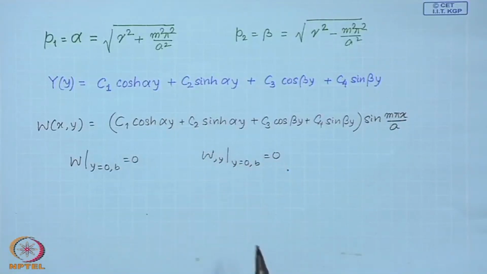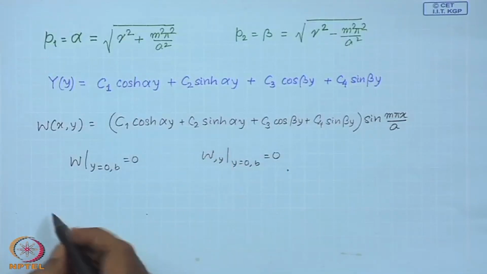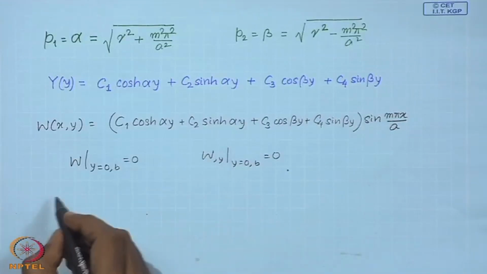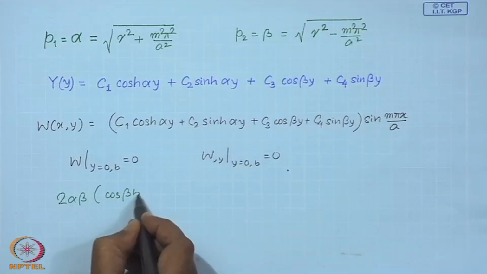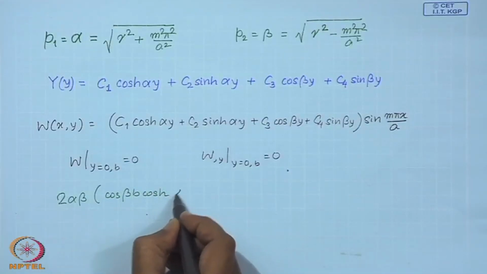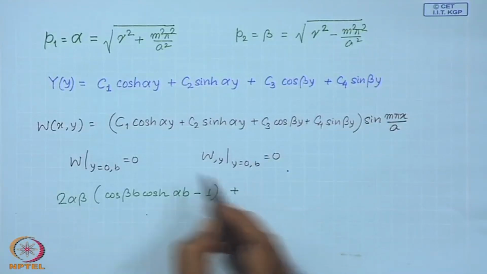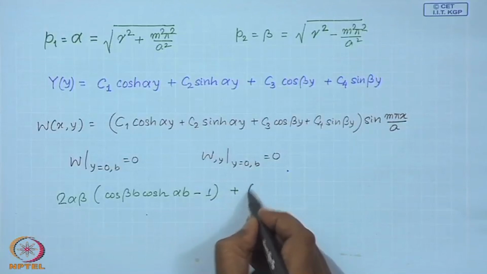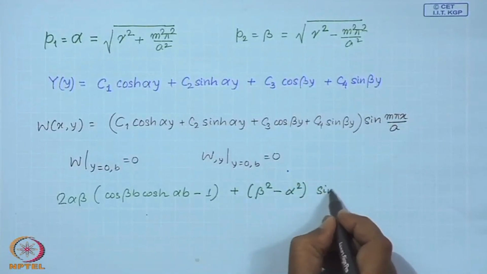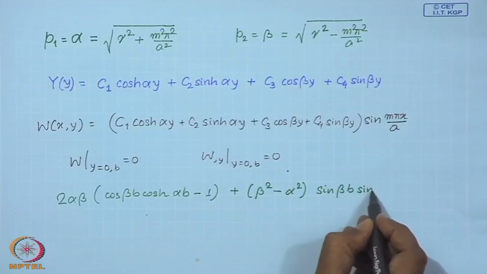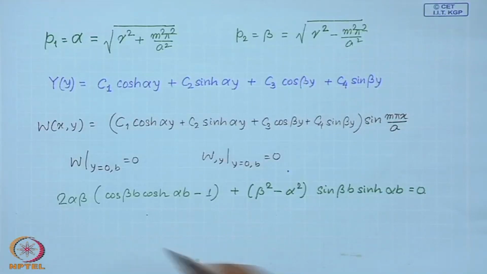Now, if you substitute this solution form in these boundary conditions, finally you will get the characteristic equation for non-trivial solutions of C1, C2, C3, C4. So, this is our characteristic equation.